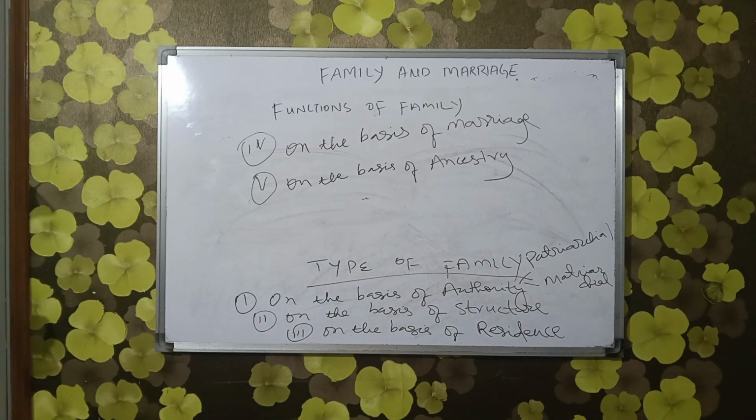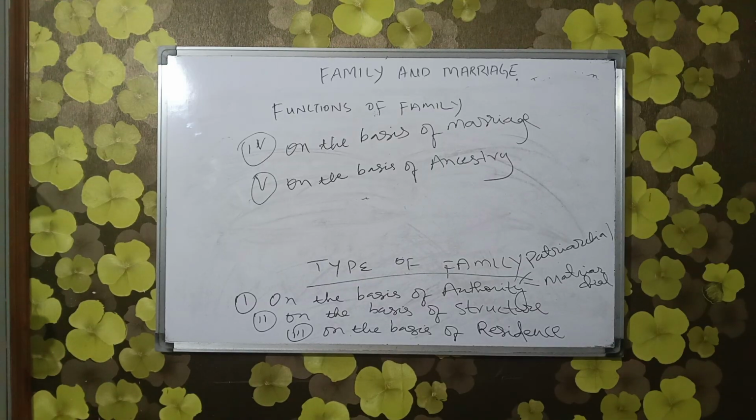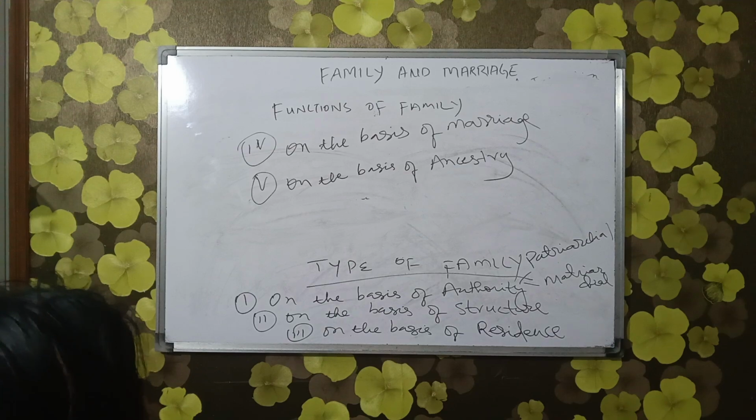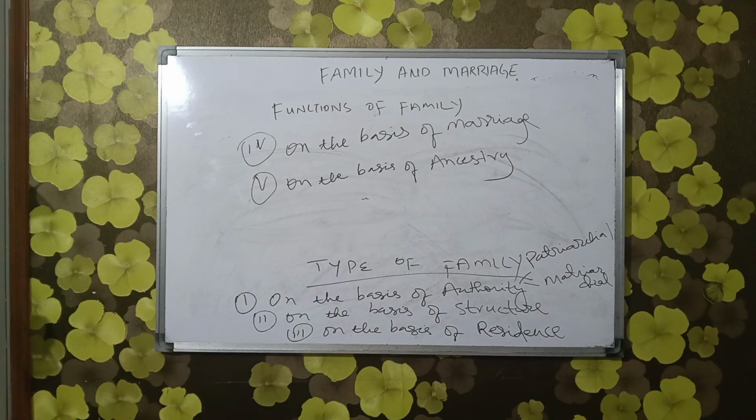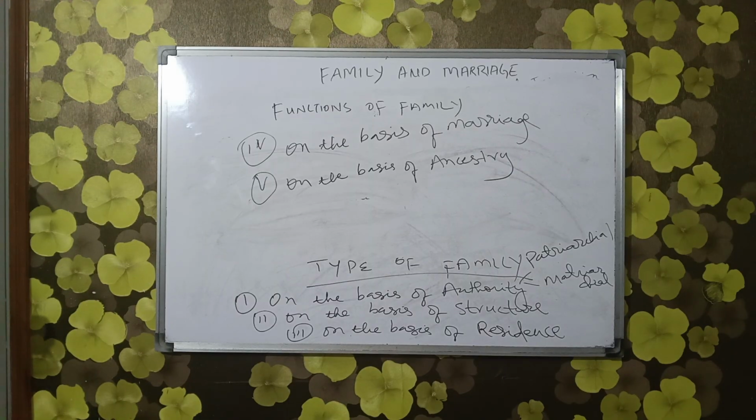Patriarchal means male dominant and female subordinate. Here the male is the dominant and the female is the subordinate. And matriarchal is where the female is the dominant of the family and the male is the subordinate. That means the female controls the family and the male is the subordinate.